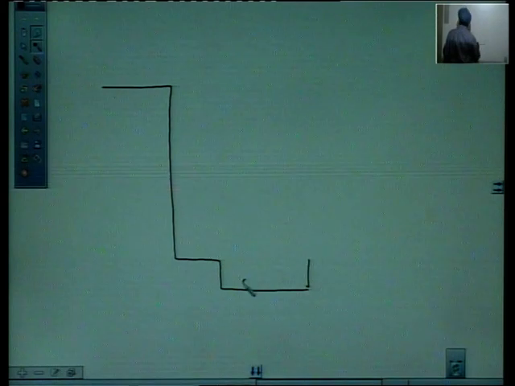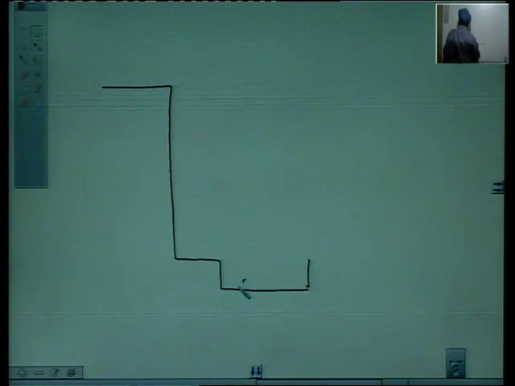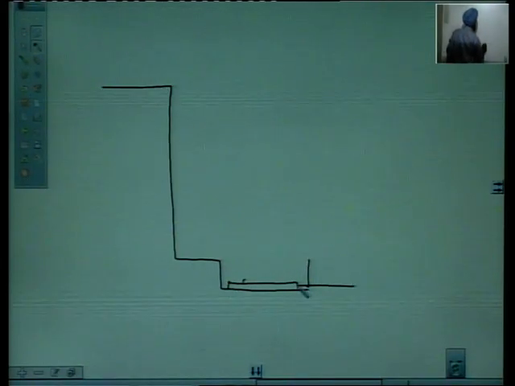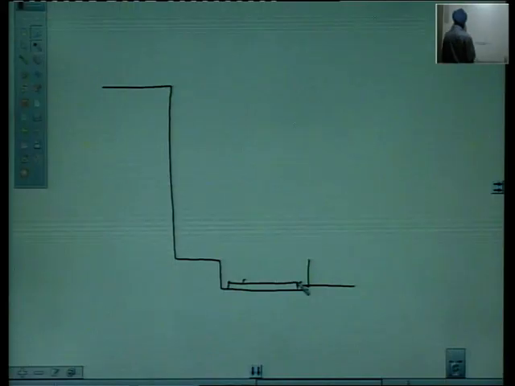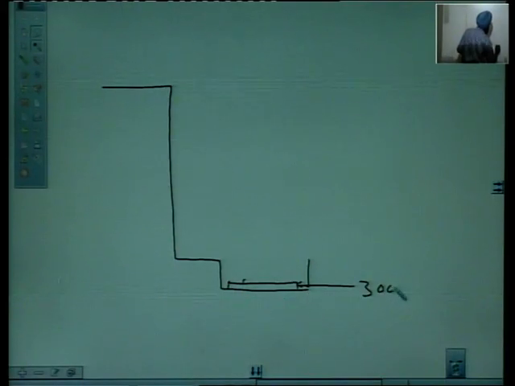Steel plate is the sole plate, here we have one like this. This size is 300 mm by 300 mm by 25.